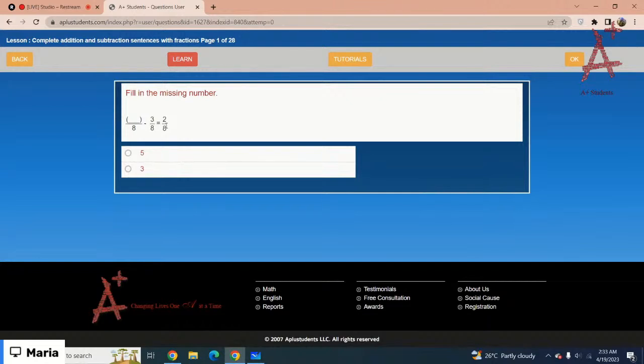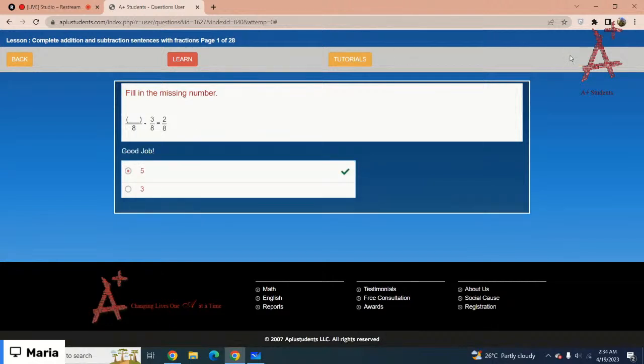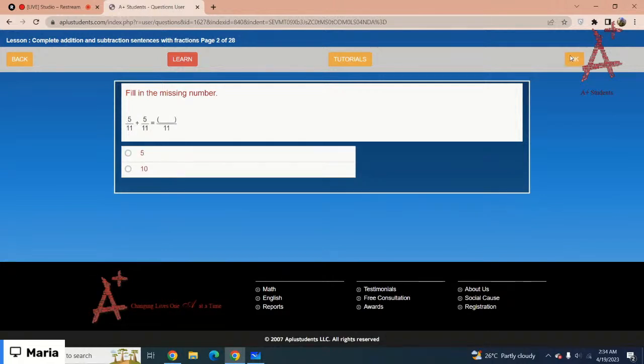It would be 5, because they have the same denominators. You simply have to subtract the numerators. So it would be 5 minus 3. Got it? That means the missing number is 5. Okay, now you have to add. So 5 plus 5 makes, which number is missing?